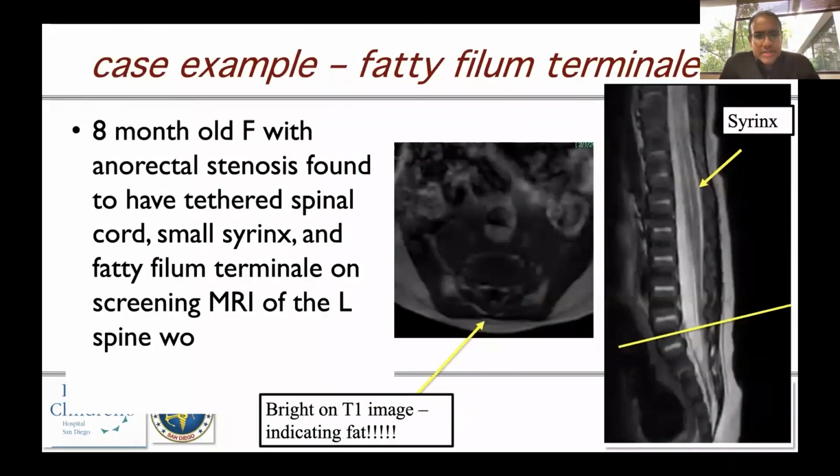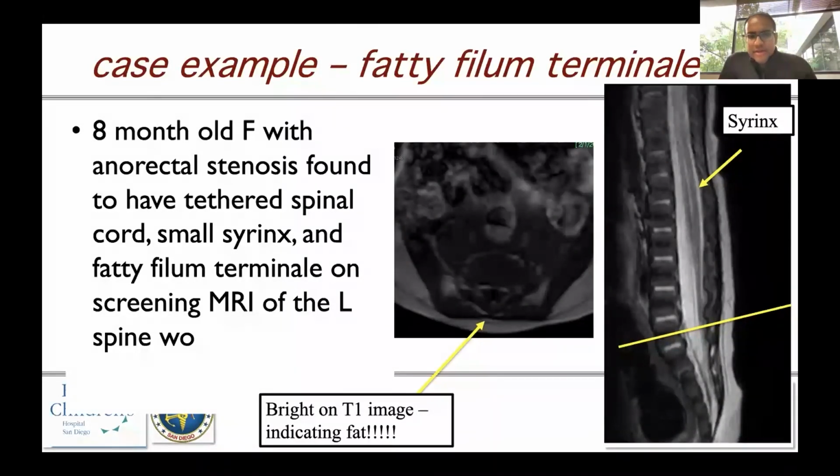This is another example. This is a child who presented to me from a pediatric surgery colleague, an 8-month-old female with anorectal stenosis who was found to have a tethered spinal cord, a small syrinx, and a fatty filum terminale on screening MRI of the L-spine without contrast.